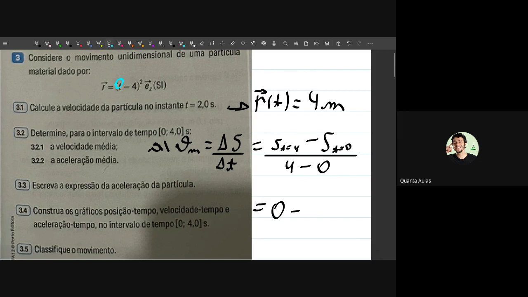So how much is minus 4 to the power of 2? It's 16. 16, perfect. So you can put 16 here.